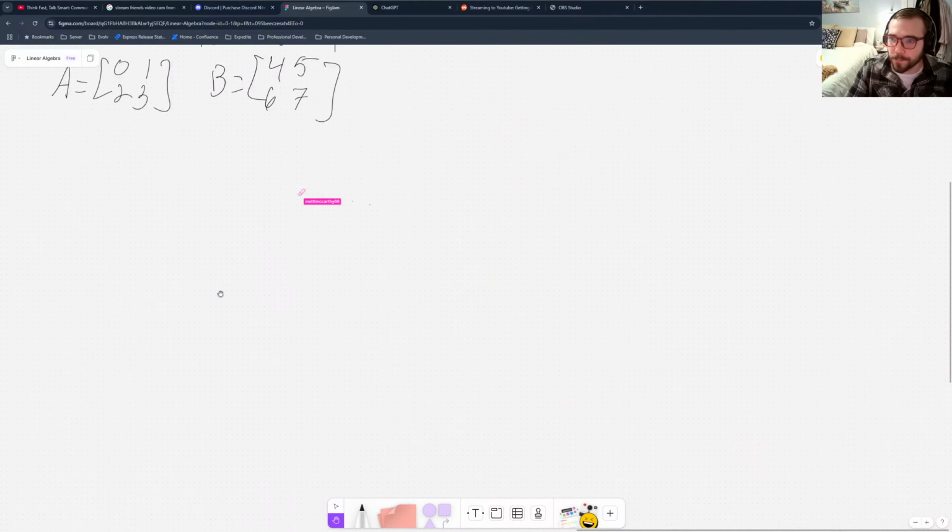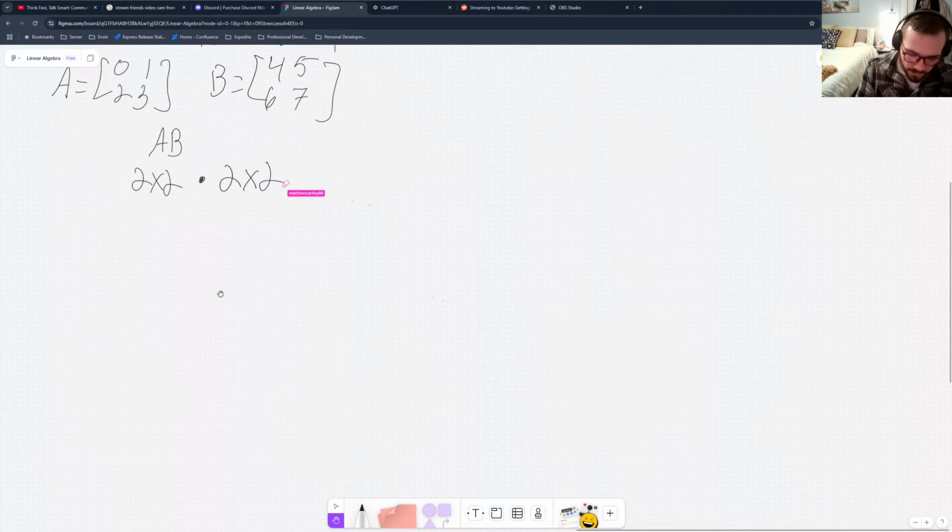You write this as AB, right? You can only do this if the number of columns in A is the same as the number of rows in B. So because these are both 2 by 2, this will work.